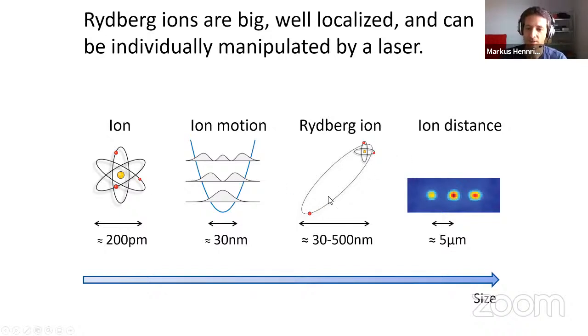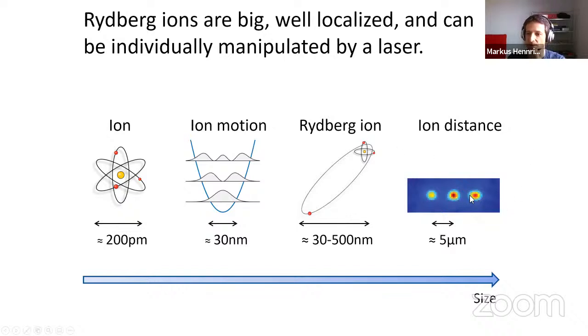If you go to typical Rydberg states of n equal to 50 or something like that, principal quantum number, then you have a few hundred nanometers of electron wave function size, which is of course much bigger than the ground state wave packet of the ion motion. So one has to take that into account when looking at the physics of the system.